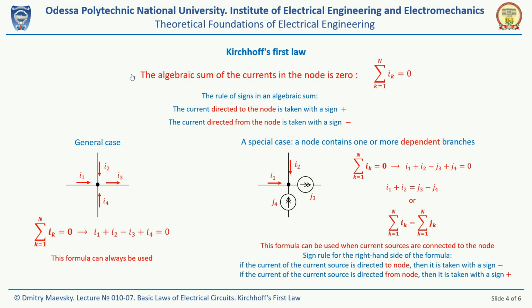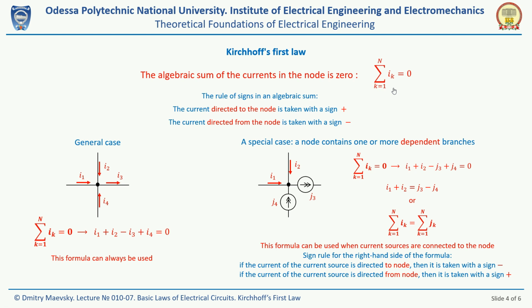Kirchhoff's first law established that the algebraic sum of currents acting in a node of an electric circuit is equal to 0. In mathematical form, this equation of Kirchhoff's first law can be written as this formula.